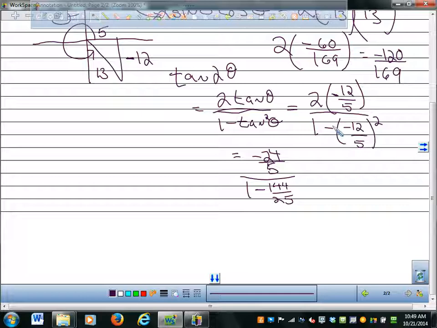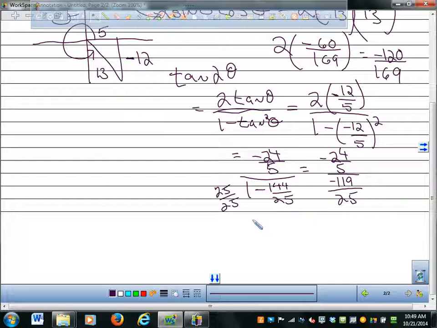Okay. And then, so you with me? Okay. And then I have negative 24 over 5. And this, I could write this as 25 over 25, 1, right? When I subtract, I think that's negative 119, because 25 minus 144, that whole thing over 25.